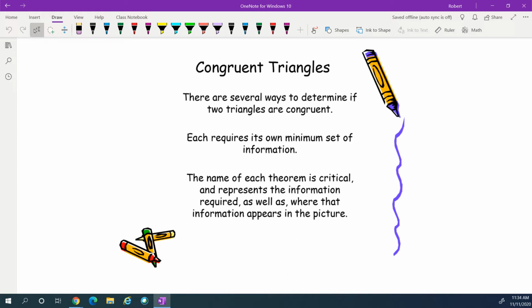That's what CPCTC does for us. We use three parts to determine that they're congruent, and then CPCTC says all of their corresponding parts are congruent. So now we know the other three have to be congruent. So let's look at a couple different ways to do this.